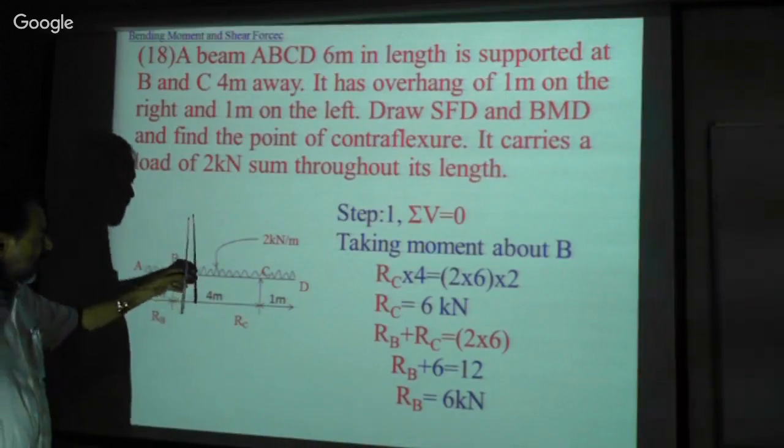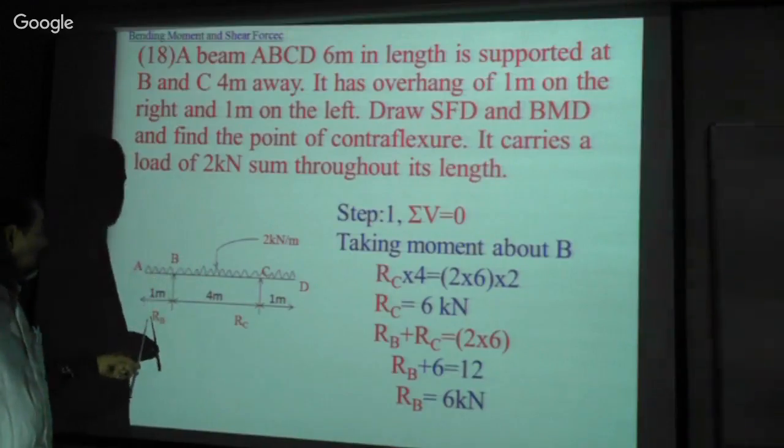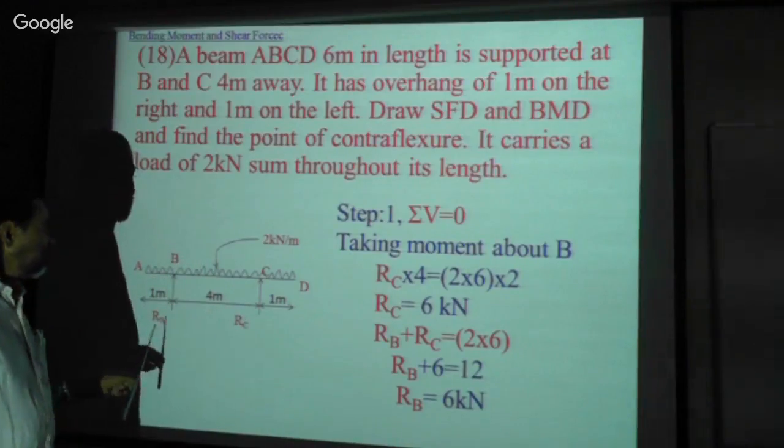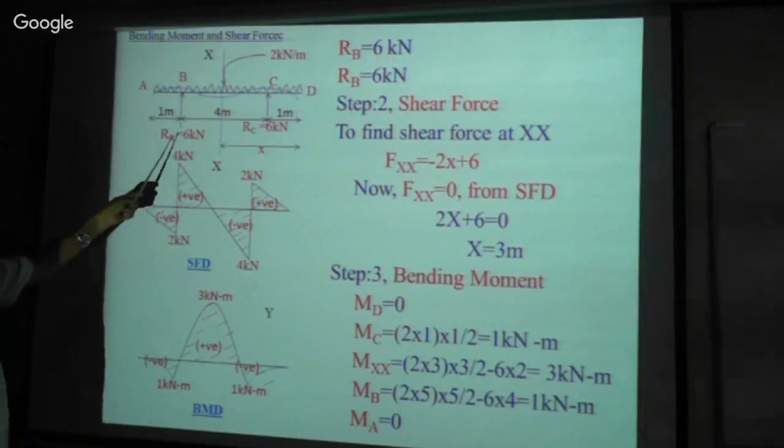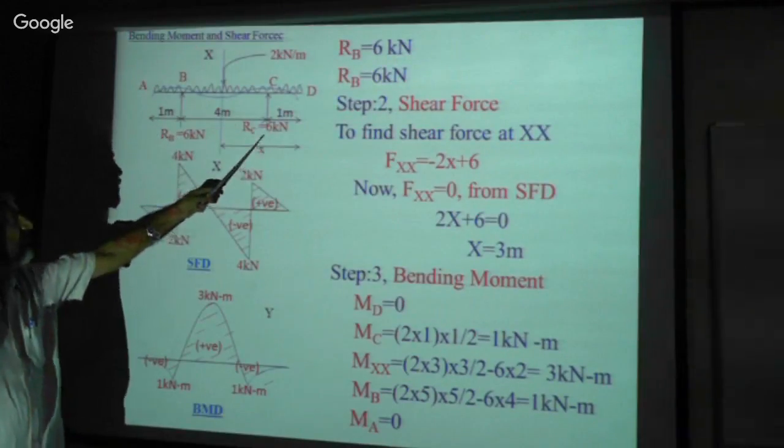Therefore, these two supports carry the equal load, that is 6 kilonewton and 6 kilonewton.